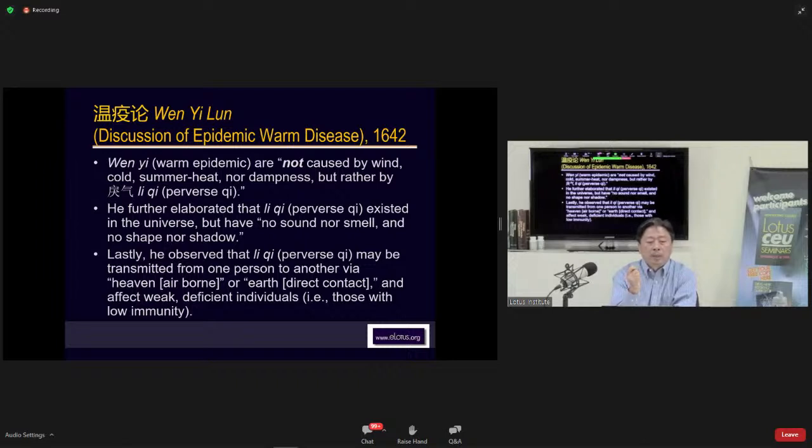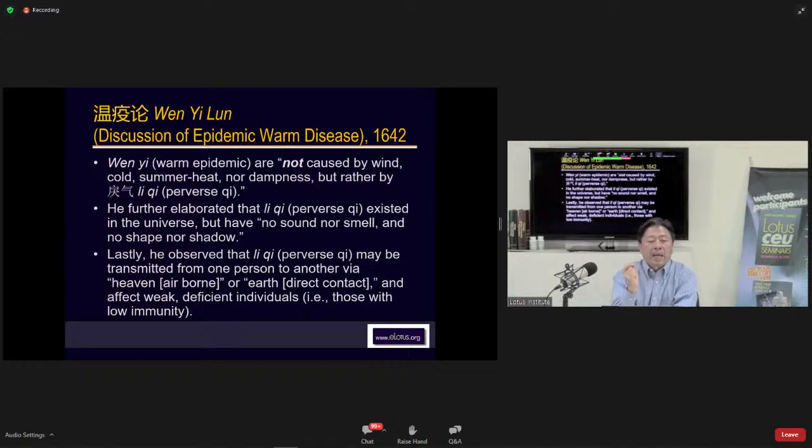The first one is this is called Wen-Yi or warm epidemic. It's not caused by wind, cold, summer heat, or dampness, but rather by something he called Li Qi, which is perverse qi. So this is quite different from the original TCM concept, where a lot of these weather or environmental factors, whether it's wind or cold or damp or heat, is the cause of disease. But rather it's a qi, it's an energetic that you can't quite see or pin down.